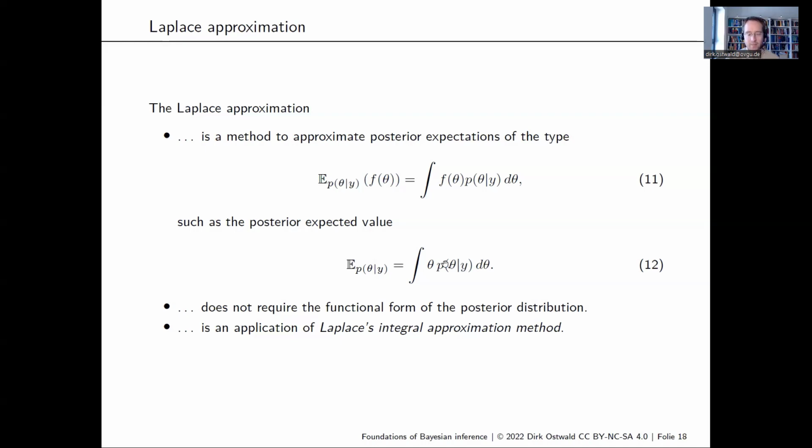So I present it here as you know the posterior density and you want to evaluate its expectation, and somehow that is not simple, so we use an approximative method. I'm not quite sure that this would not also just work to approximate the normalization factor, but we can have a look at the details why this might not work, but I think it works.